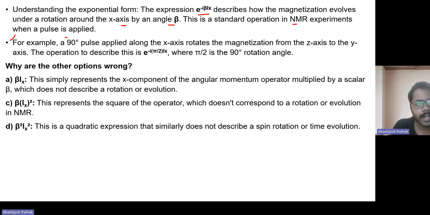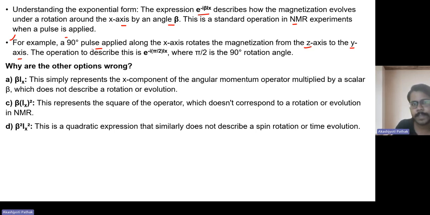For example, a 90-degree pulse is applied along the x-axis, and due to this pulse it will rotate the magnetization from the z-axis to the xy plane, specifically to the y-axis. So the operation is used to describe this.